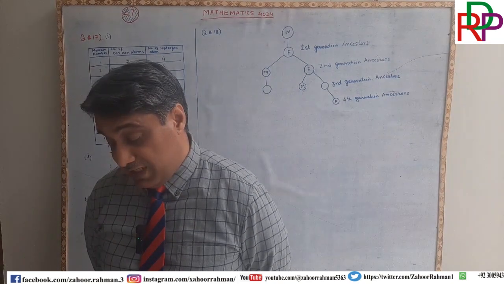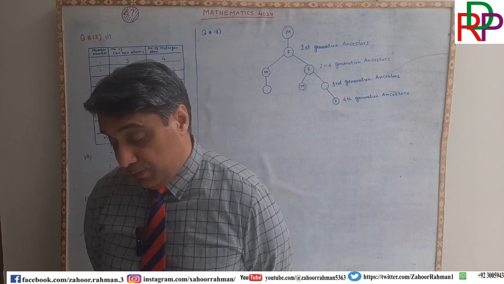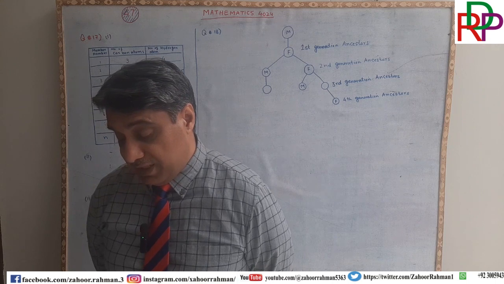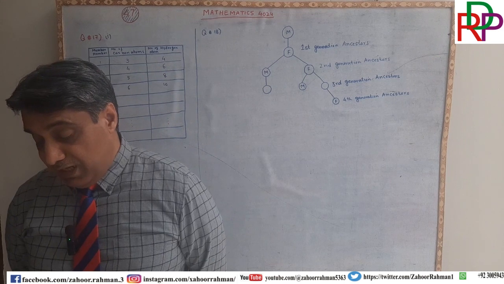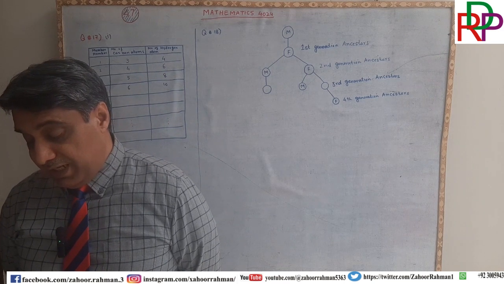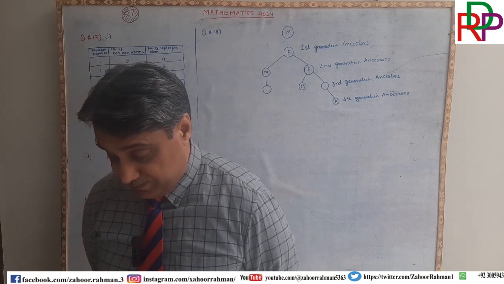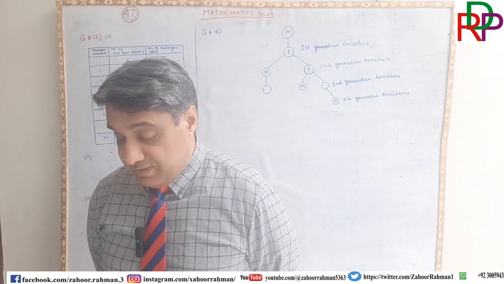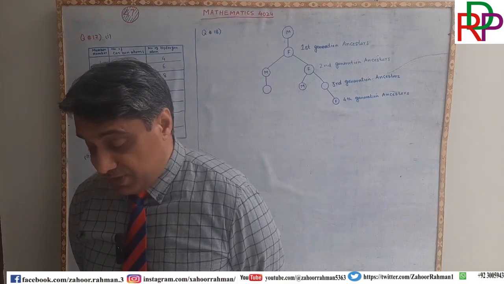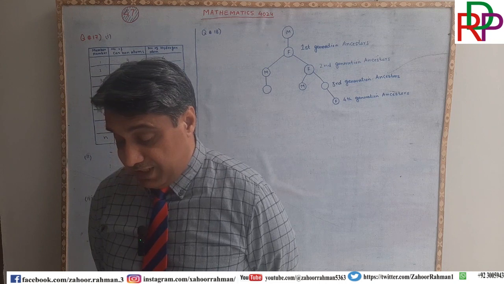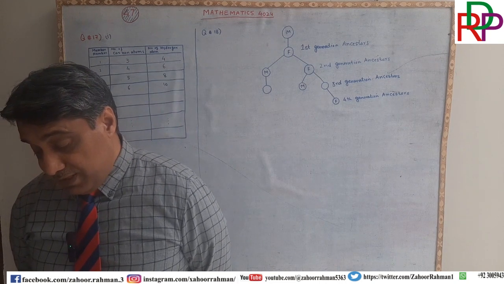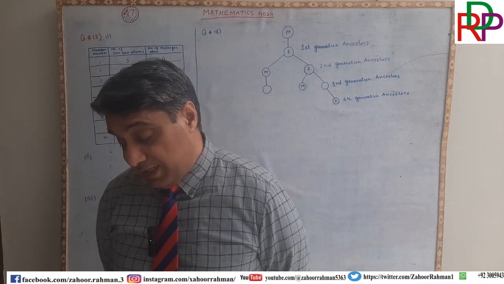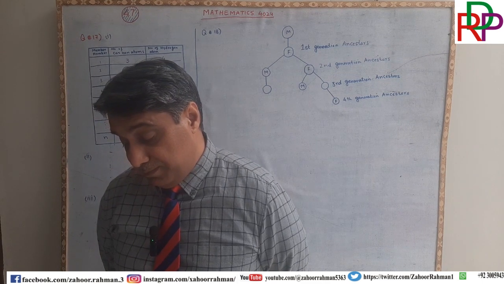The question is saying the members in a family of chemical compounds are made up of carbon atoms and hydrogen atoms. Number one, the number of carbon atoms and hydrogen atoms of the first four members in the family are given in the table. Complete the table.